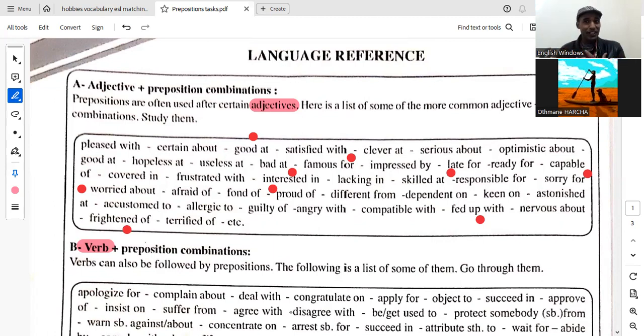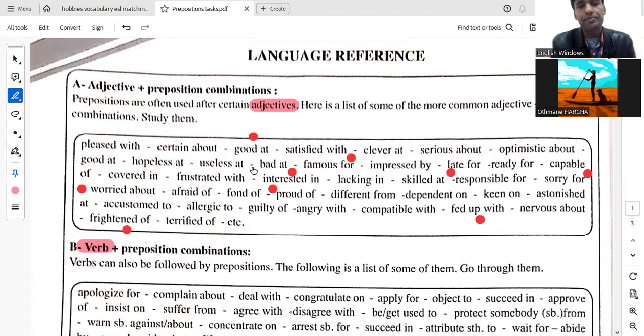I am pleased with, je suis satisfait avec quelque chose. I am satisfied with, or I am pleased with. يعني راضي وفرحان بواحد الحاجة. I'm pleased with my mark in English. I scored 18 out of 20. It's a very good mark.